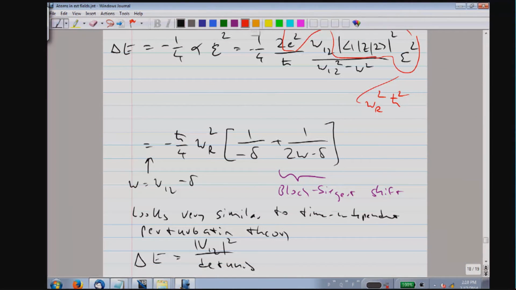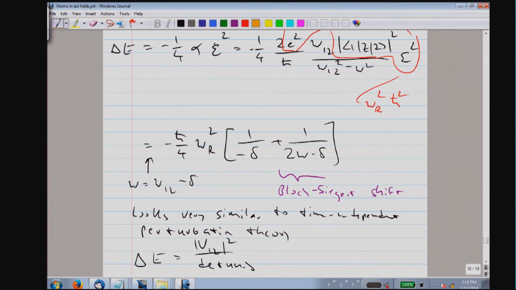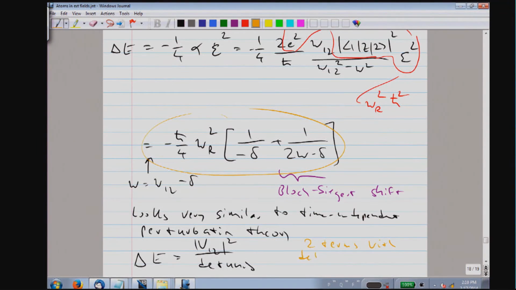So when we inspect our result for the AC Stark effect, which came from time-dependent perturbation theory, and map it on time-independent perturbation theory, it has two terms, both coupled by the Rabi frequency, but one has a detuning of delta, and the other has a detuning of minus 2 omega minus delta.